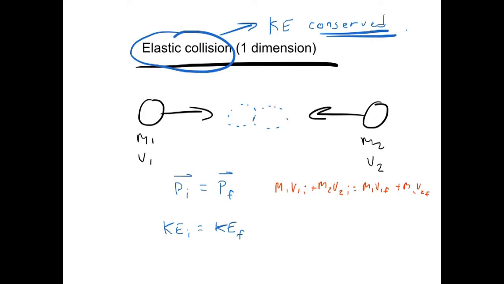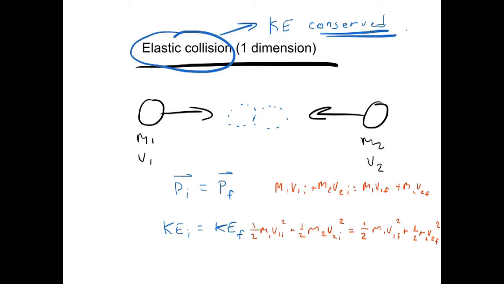And for kinetic energy, we get 1/2 m1 v1 initial squared plus 1/2 m2 v2 initial squared equals 1/2 m1 v1 final squared plus 1/2 m2 v2 final squared.